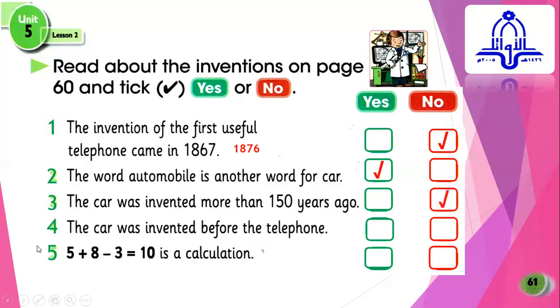False. No. Number 4. The car was invented before the telephone. The telephone was invented in 1876, while the car was invented between 1885 and 1886.